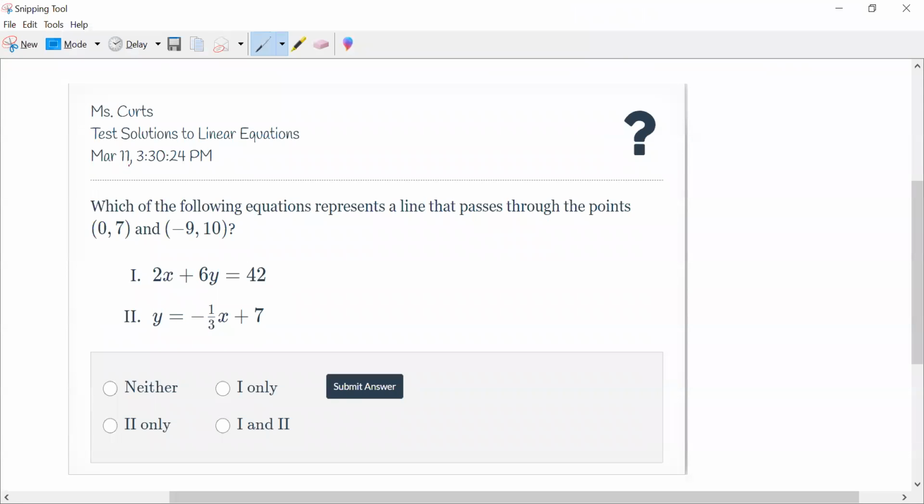All right. Last one. So we have our x and y. Okay. So let's try our first equation.